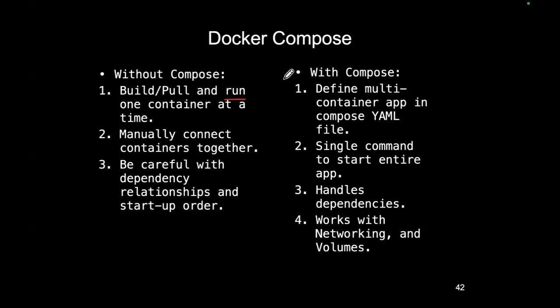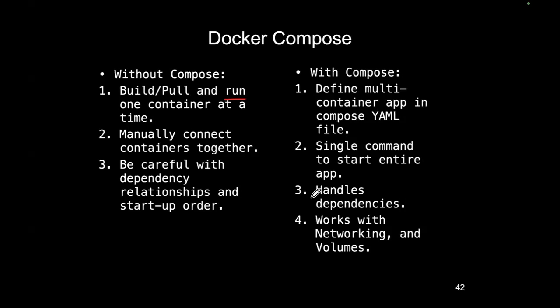However, Docker Compose on the right-hand side takes care of all of that. What we have to do is define our multi-container application in a compose file, which is a file of the YAML format. So we do have to write that. I guess that's maybe an extra burden on us, but we write it once, and then we use a very simple command from the command line to tell the Docker Compose tool, start up my multi-container application and use this YAML file as the set of instructions as to how you should start up the various containers.